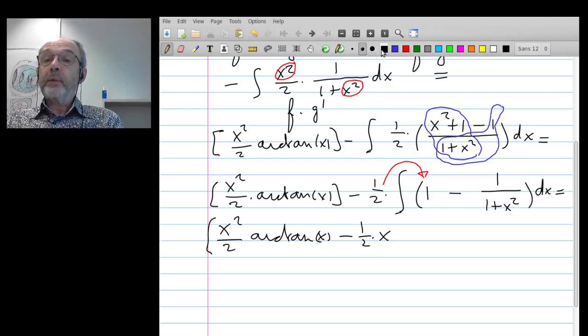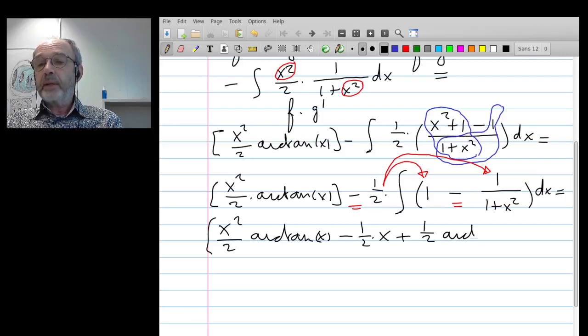And then, and that I mean with be careful, you also have minus 1 over 2 times that one, but be careful with your minus sign, so you get plus. So you have the primitive function of the arctangent, so you get there 1 over 2 times the arctangent of x.